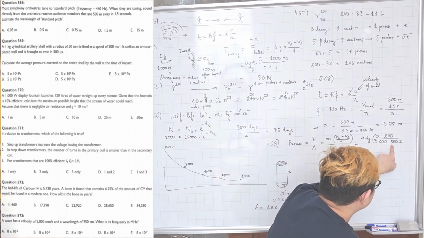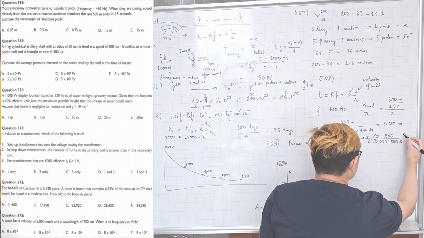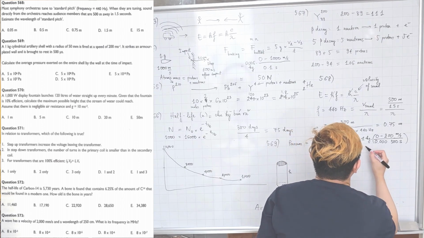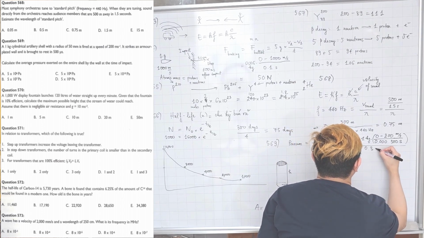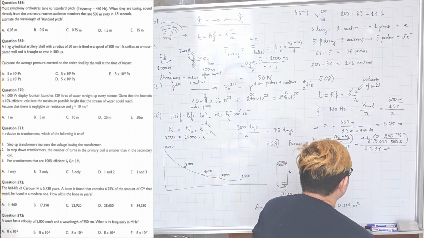So it's 500 microseconds exactly. And this one is meter per second. And then divided by 0.314 square meters. Calculate it, please.